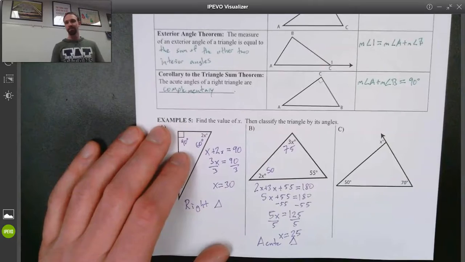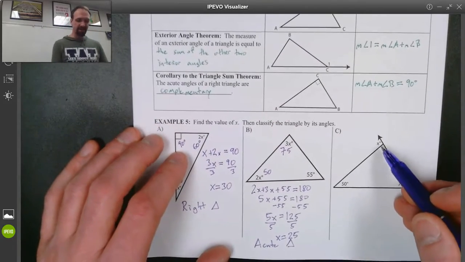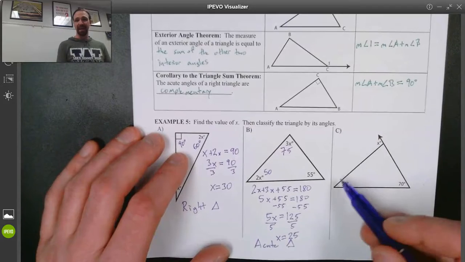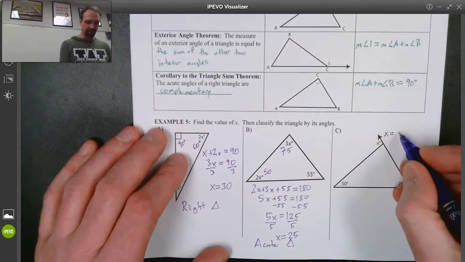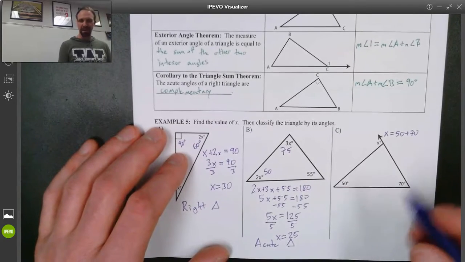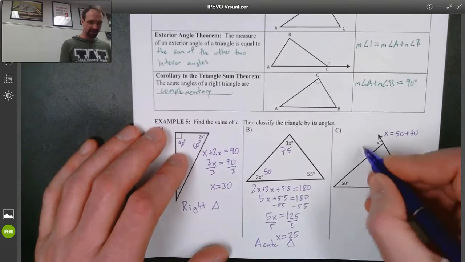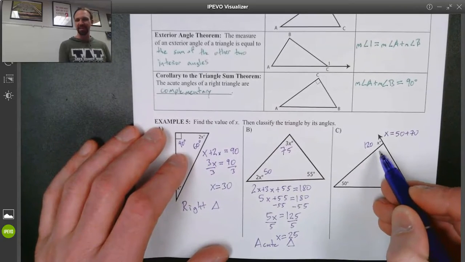So that also tells me, for this one here, this is x degrees, and I know that this x has to be the sum of these two. So x equals 50 plus 70. It's kind of a red herring. That's 120, but it doesn't give me the angle measurement of the inside part.